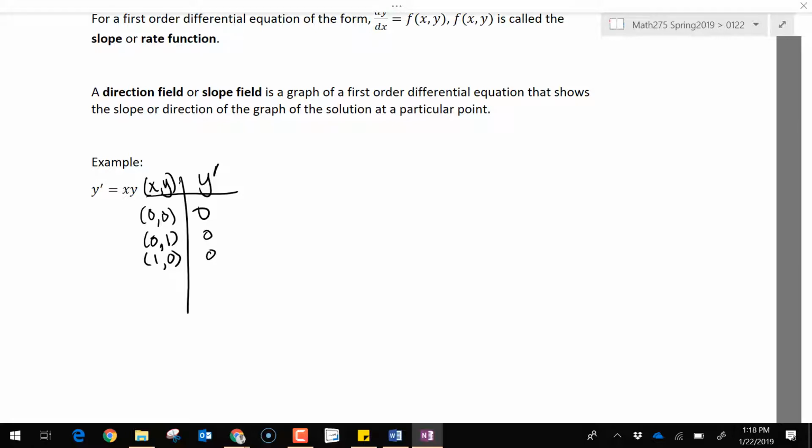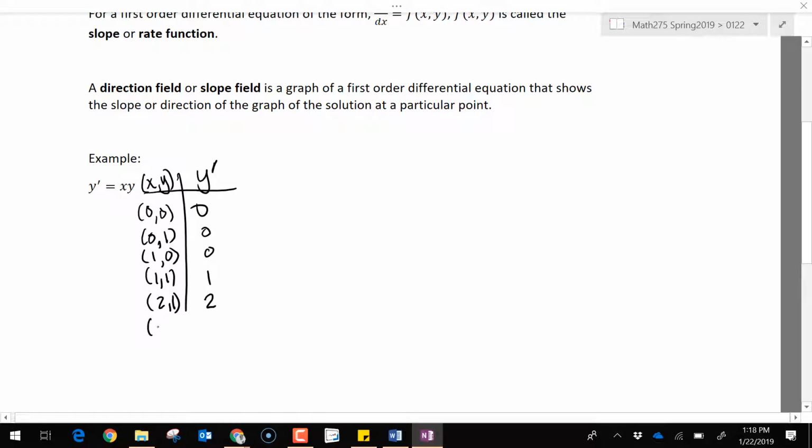So let's try other numbers, non-zero numbers. So let's say, what if we had 1, 1? What's your y prime going to be? 1. 1 times 1, right? That's the input-output kind of thing. So the slope is 1. Let's try another point, like 2, 1. This is going to be 2.